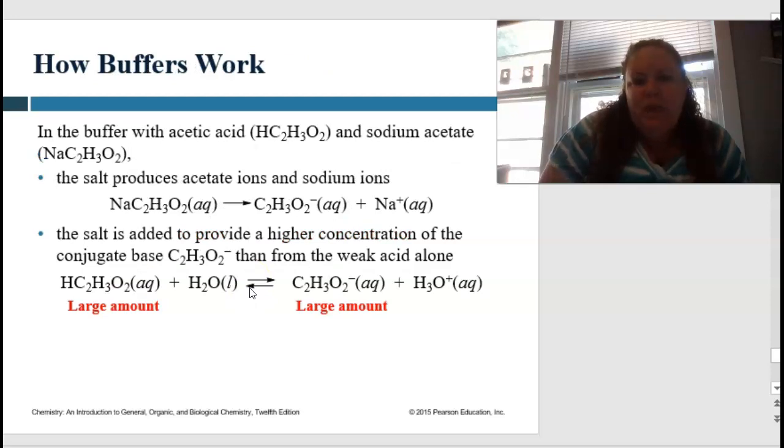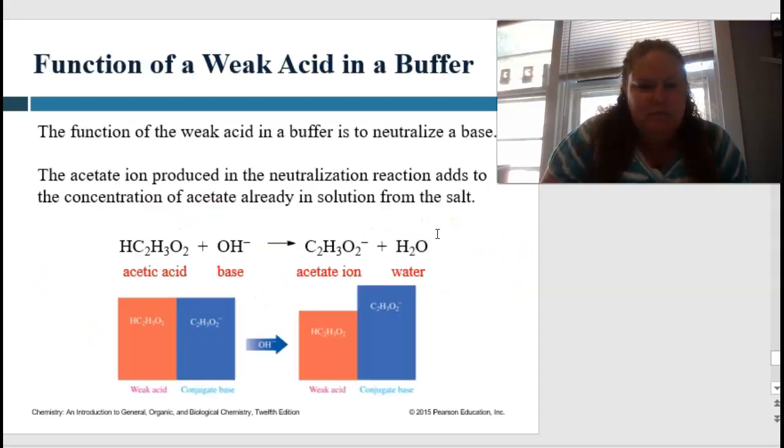So they work because, for instance, in the buffer with acetic acid and sodium acetate, the salt produces acetate ions and sodium ions. Then the salt is added to provide a higher concentration of the conjugate base than from the weak base alone. So this is a large amount and a large amount, and then the other ones are the smaller amounts.